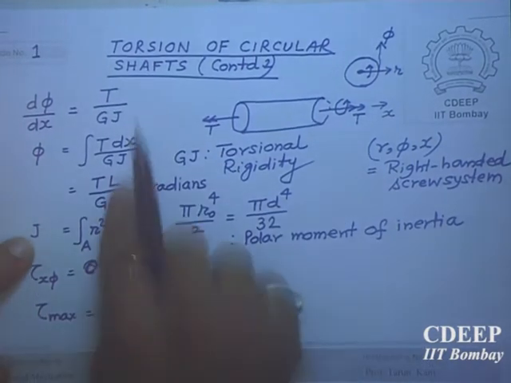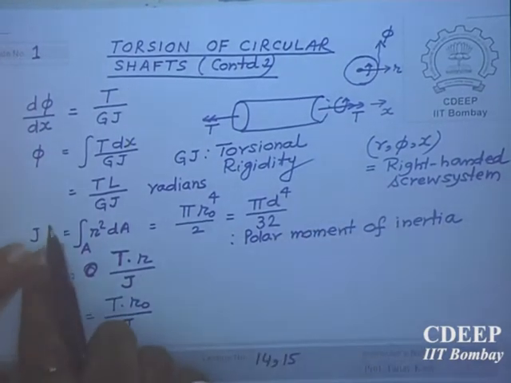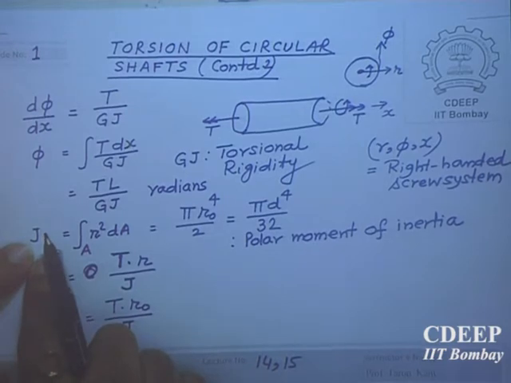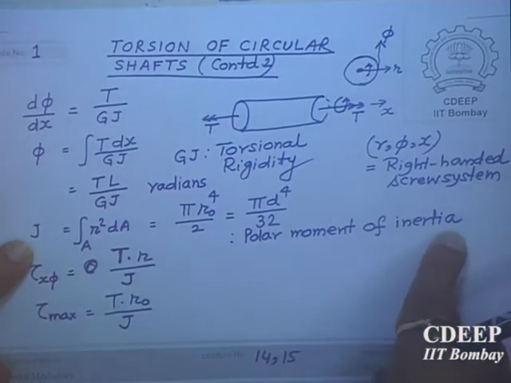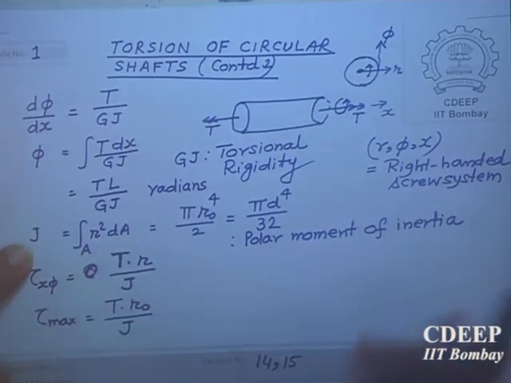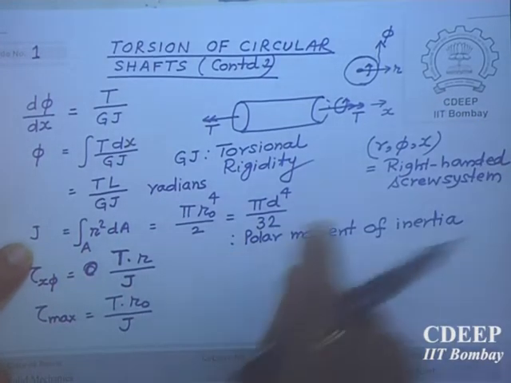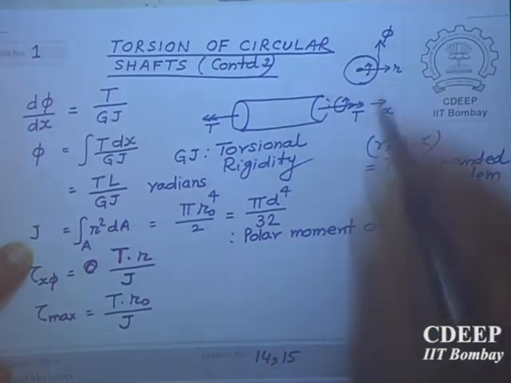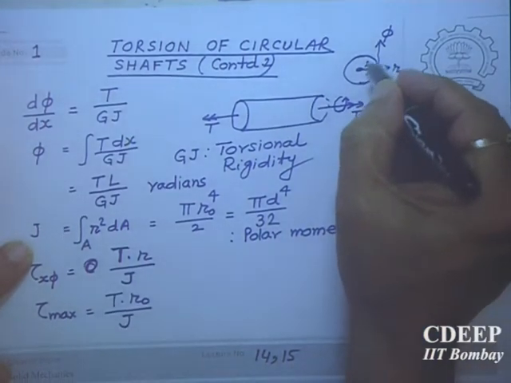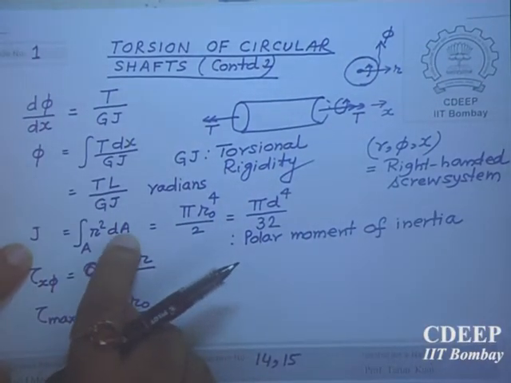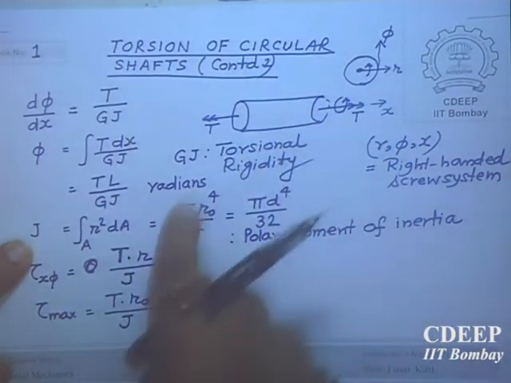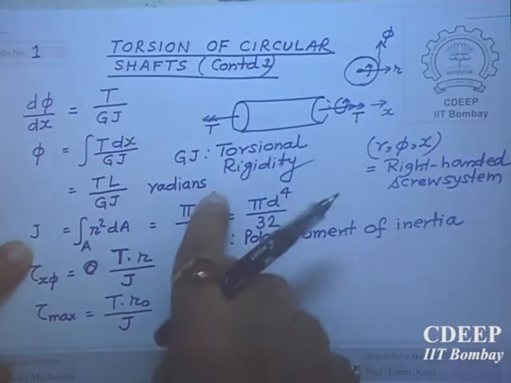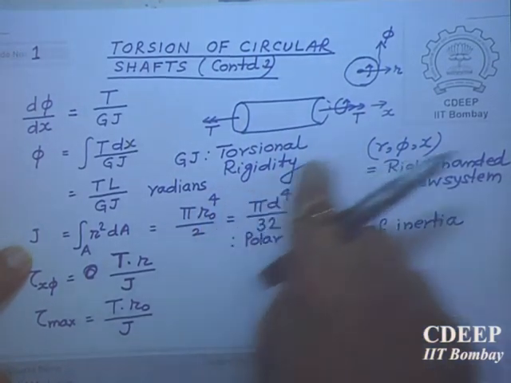Then J is a new term that we have derived here. J is called polar moment of inertia, and that is given by, if you have a small area dA at a distance r from the center, the integral of r squared dA over the entire area. That means 2 pi as well as r going from 0 to r naught.